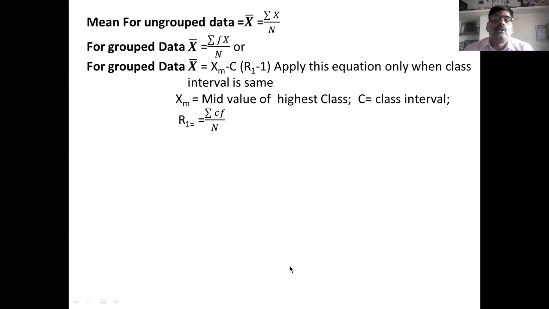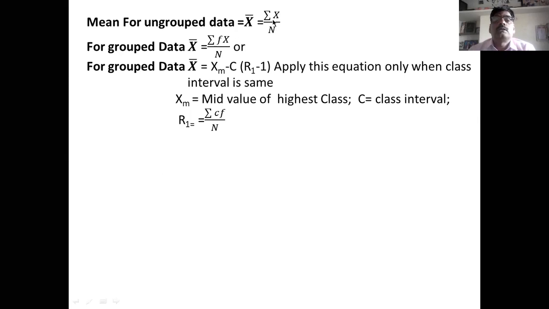Before calculating the mean deviation, you must know the arithmetic mean, the average. I think you studied mean in high school and also in PUC first year and second year economics. But I will tell you something regarding mean.